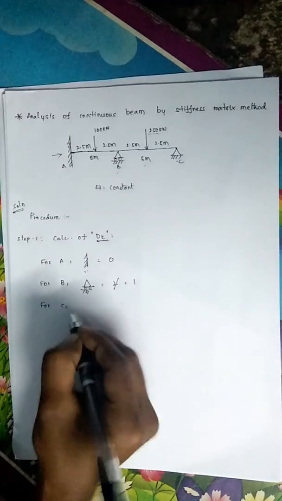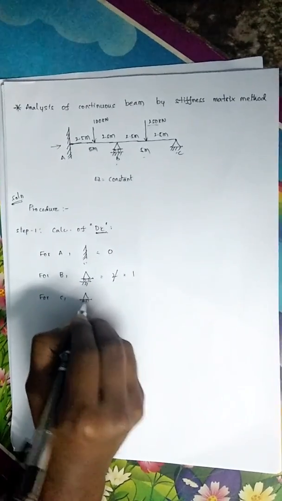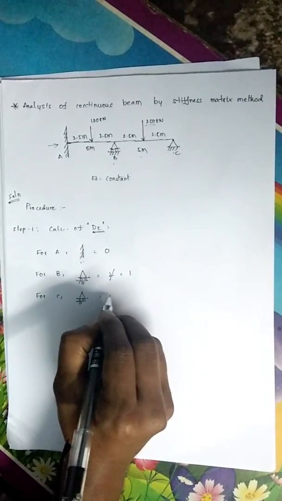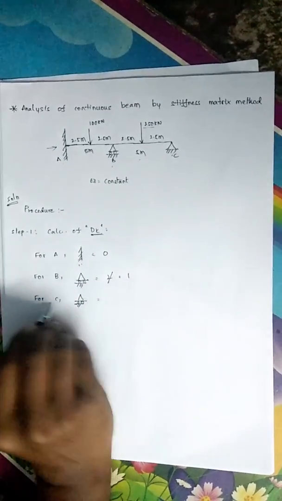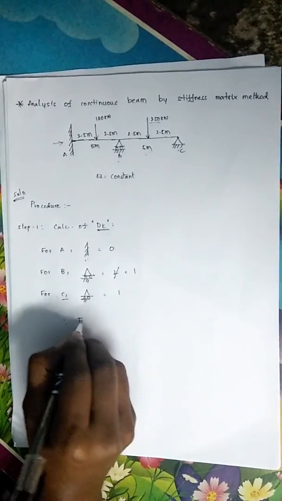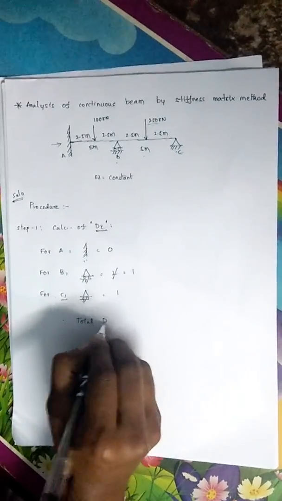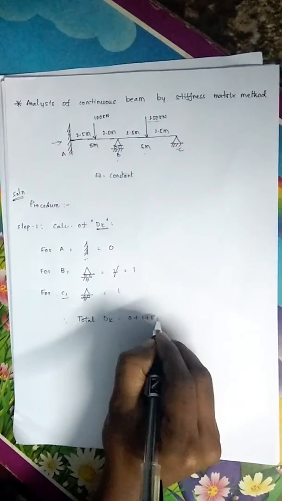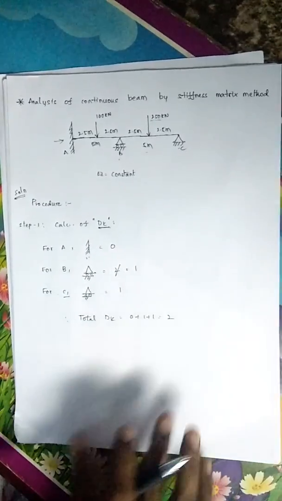For C, it is a pin support. The pin support can move in only one direction, so the degree of kinematic indeterminacy for C is 1. So the total degree of kinematic indeterminacy is 0 plus 1 plus 1, which is equal to 2.